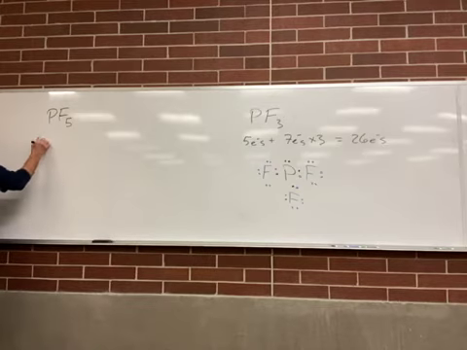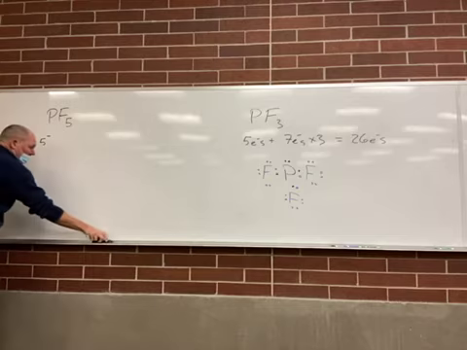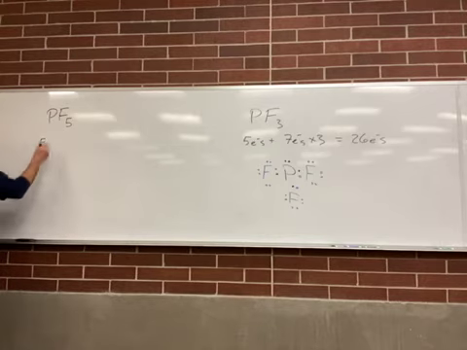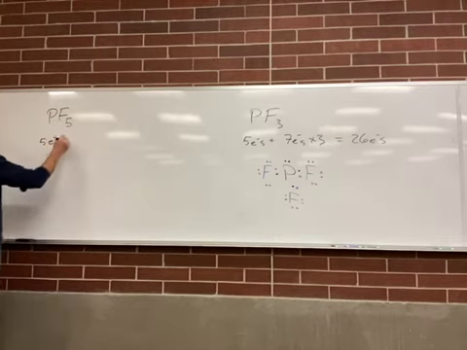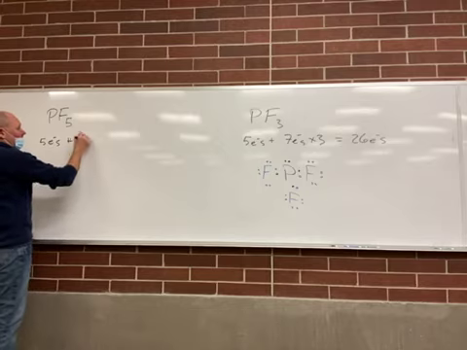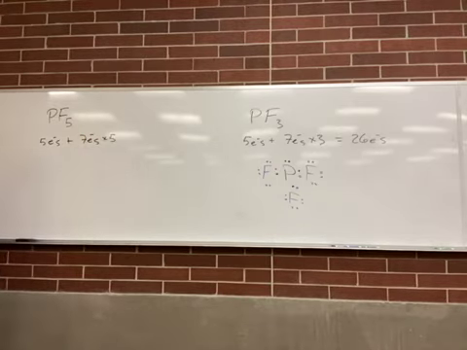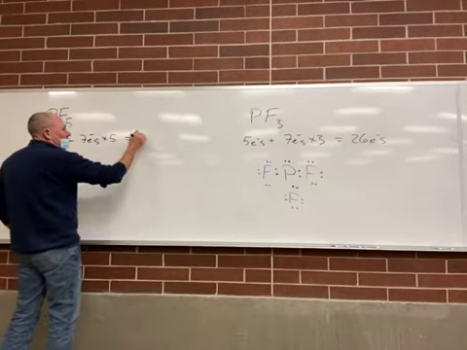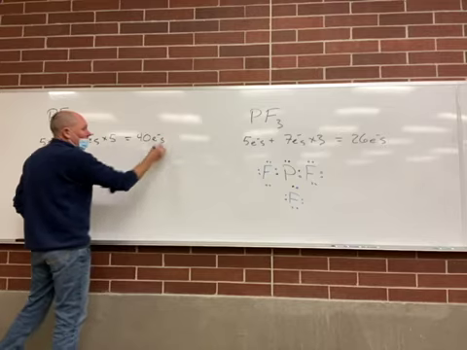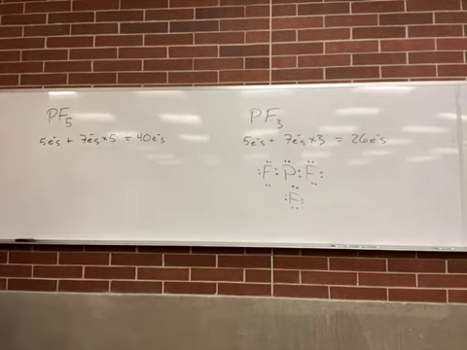So this is going to have 5 electrons from phosphorus, plus 7 electrons times 5. So 7 times 5 is 35, plus 5 is 40 electrons. A lot of electrons. So how do we do this?